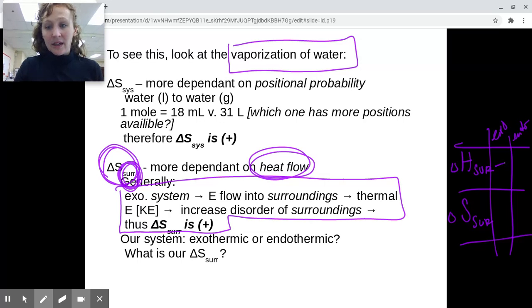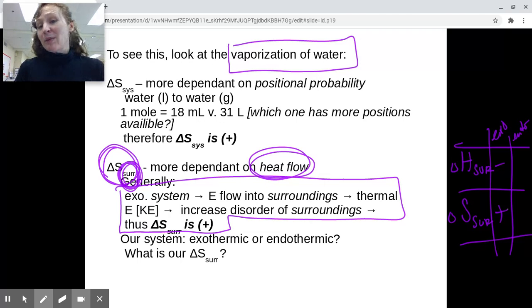Enthalpy is going to be negative. Entropy, if you're thinking about the hot thing you're holding, energy is flowing out of the thing into the surroundings. So your surroundings is gaining energy, and the surroundings is gaining disorder. So entropy of the surroundings in that case is going to be positive.